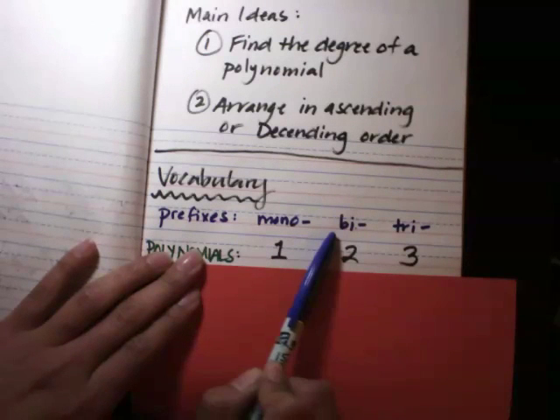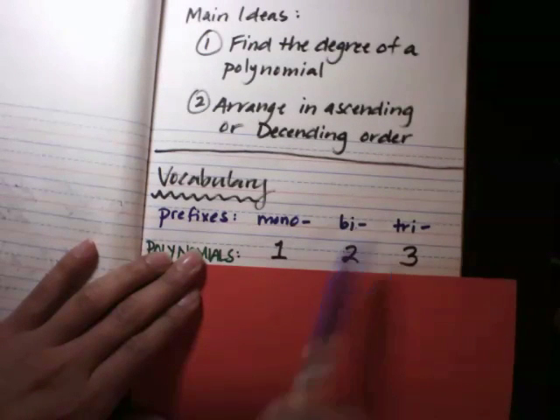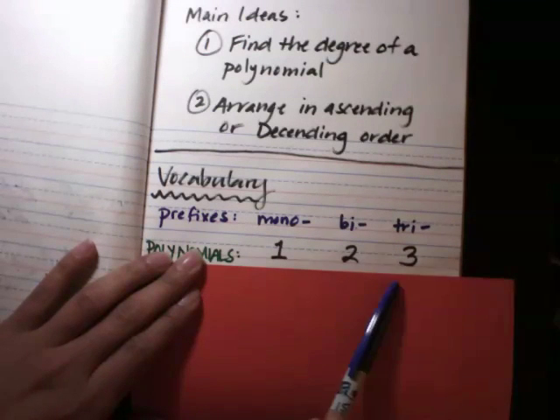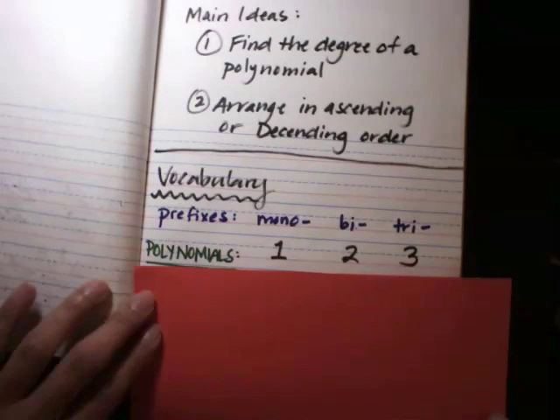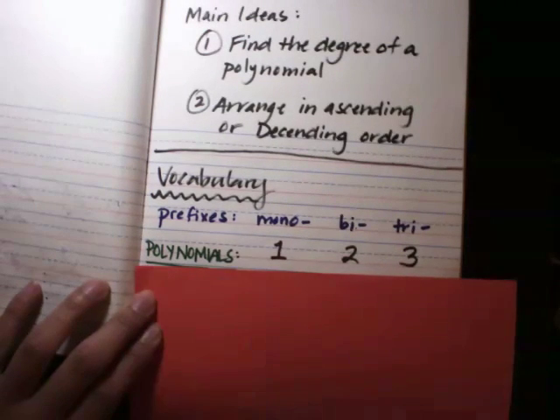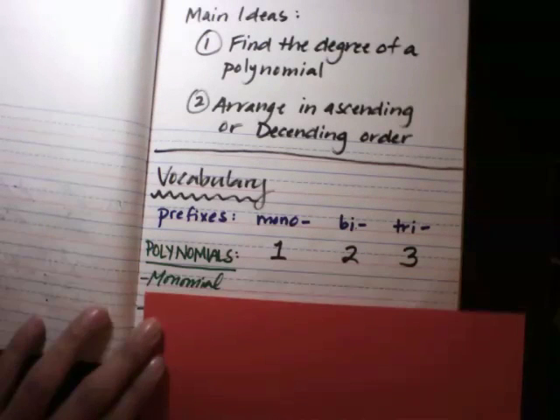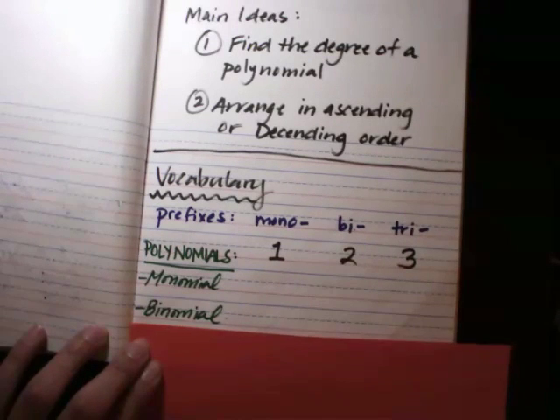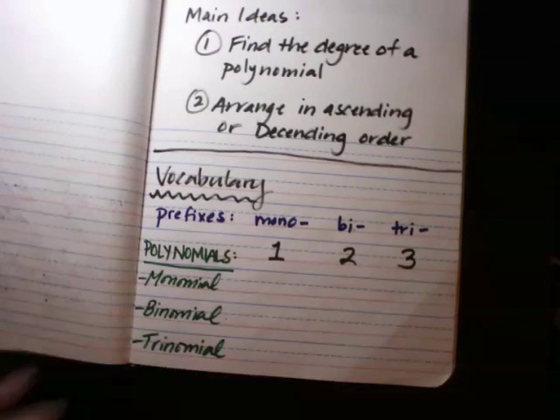Bi, think about bicycle, has 2 wheels. Again, tricycle or triangle, 3 angles, 3 wheels. Okay, so we're going to apply these to polynomials. In the polynomial family, you have monomials, binomials, and trinomials.